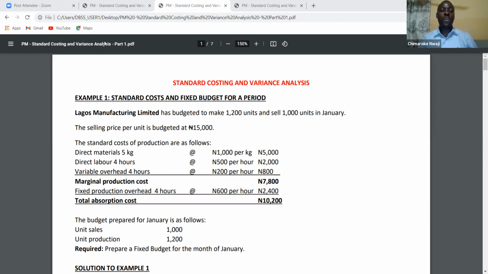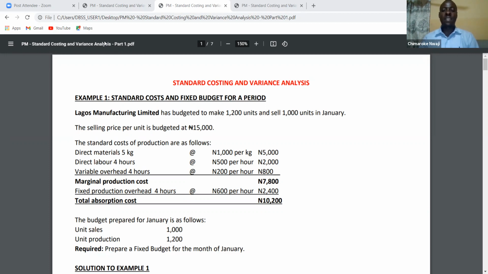Now let's go to the fixed cost here. Fixed overhead, we're still talking about the direct labor hours, 4 hours, but now we have the 600 naira per hour as our fixed overhead absorption rate per hour. And it gives us 2,400.